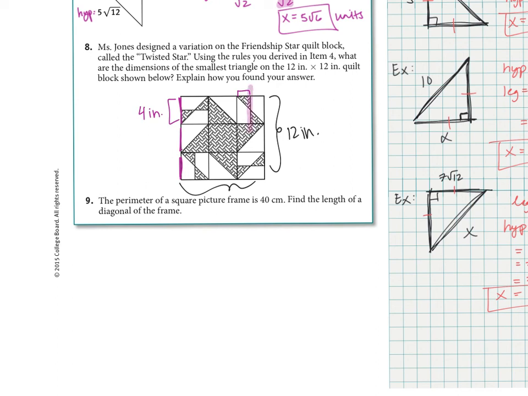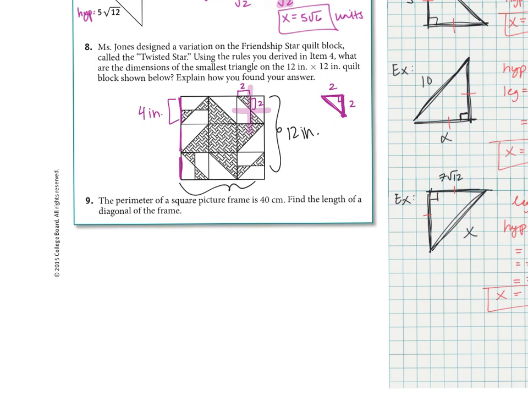So that means we know that this length here is 2, and the same is going to happen with this length here because we can see that it's divided in half. So both of those tiny little triangles have legs of 2. So if we redrew it just a little bit bigger, it'd be 2 inches and 2 inches.